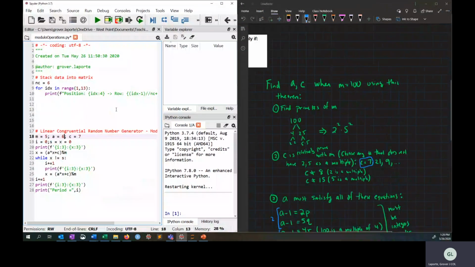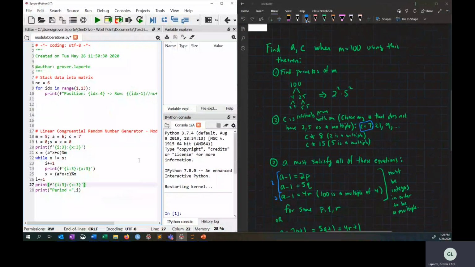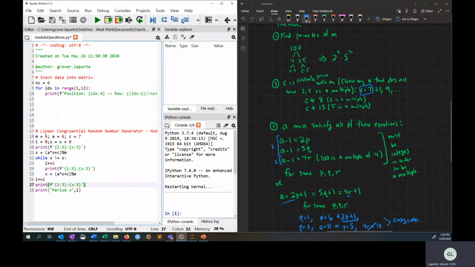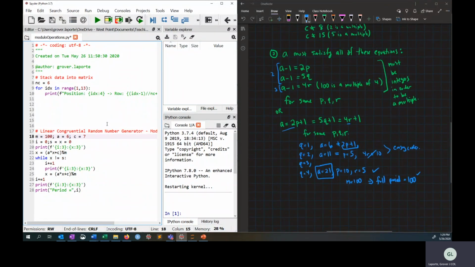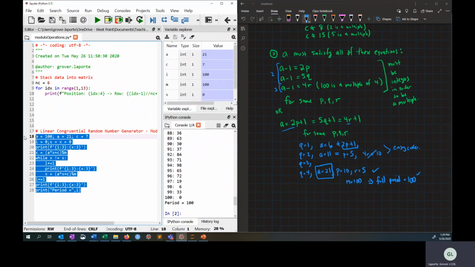And put this back. Yeah, I think it was c is equal to 7. Okay, we'll use the same c, that's fine. We'll let m be 100. a equal, what was it, 21? 21. Let's find out what happens here.